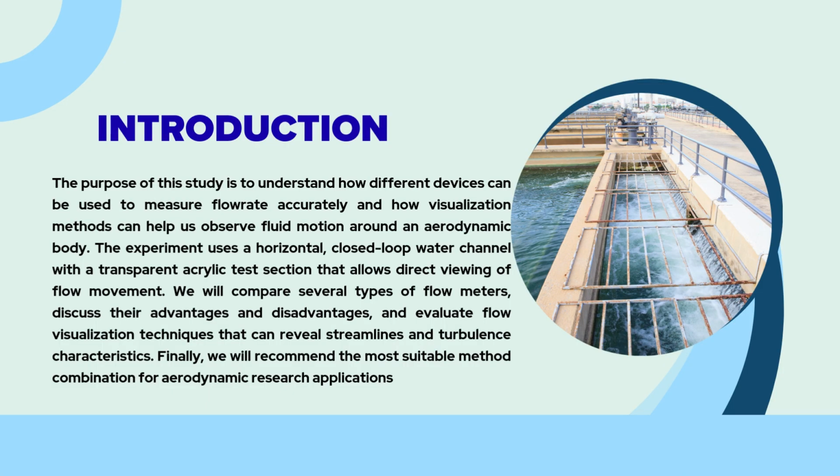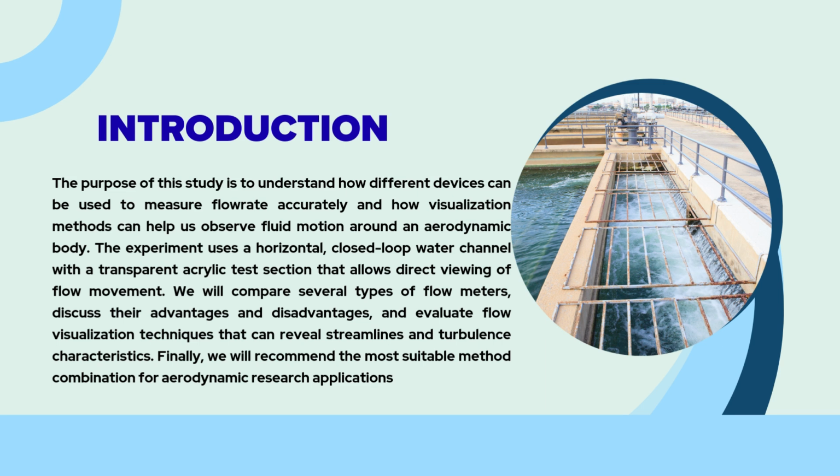Introduction. The purpose of this study is to understand how different devices can be used to measure flow rate accurately and how visualization methods can help us observe fluid motion around an aerodynamic body. The experiment used a horizontal closed-loop water channel with a transparent acrylic test section that allows direct viewing of flow movement.